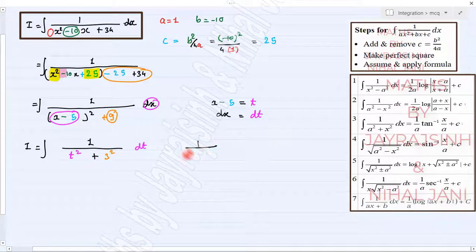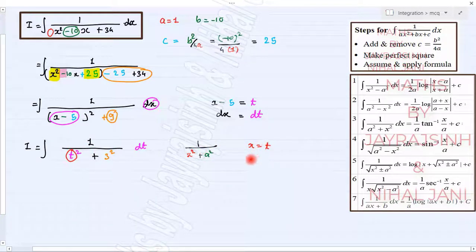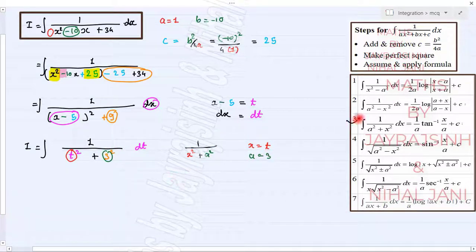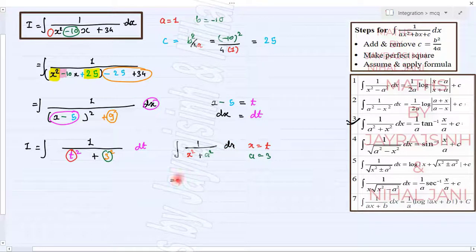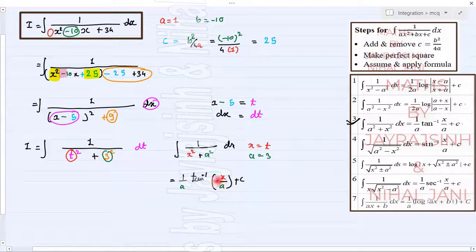So here we get 1 upon x square plus a square form where your x is t and a is 3. Using third formula, we can say its integration is simply 1 upon a tan inverse of x by a plus c.